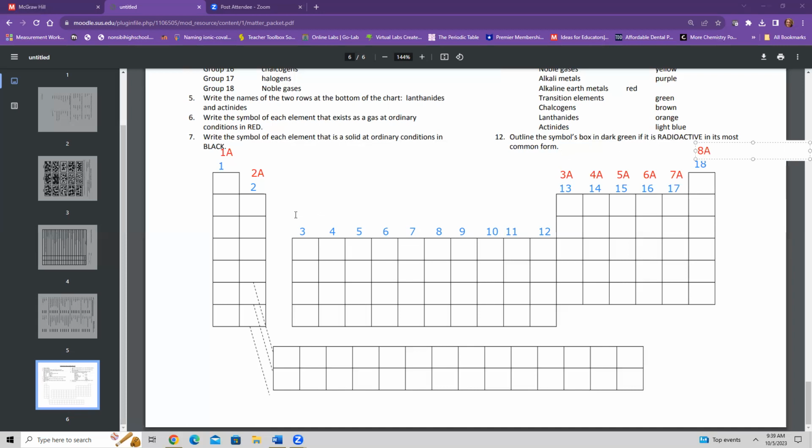Now, the middle area are B's, so we're going to start with those two. It's weird because they don't start with 1B like you would think. Instead they start with 3B, 4B, 5B, and then there's a lot of 6Bs.